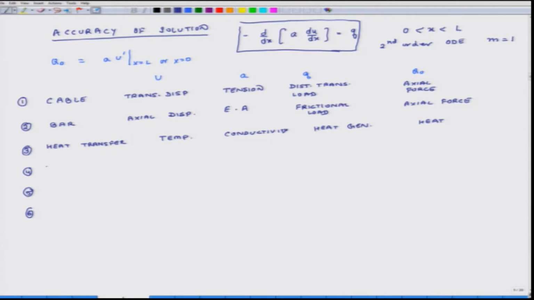Similarly, the same equation also represents flow of water in a cylindrical pipe, and I can again map out different aspects of the problem here. Another thing is flow in porous media. And then the same equation also governs the behavior of some electrostatic problem.